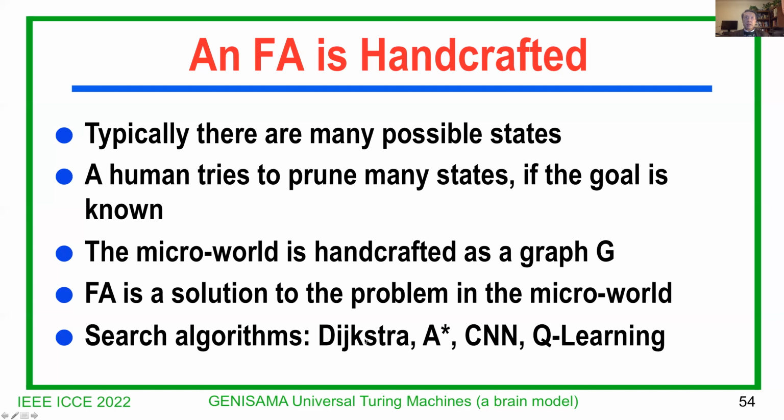The difference between A star and Dijkstra is that A star uses the predicted future cost as a cost. Dijkstra just looks at the current cost from the beginning to the current state. Convolutional neural networks and Q-learning are all search algorithms. And you can consider this an FA under our new definition, and they are all handcrafted.